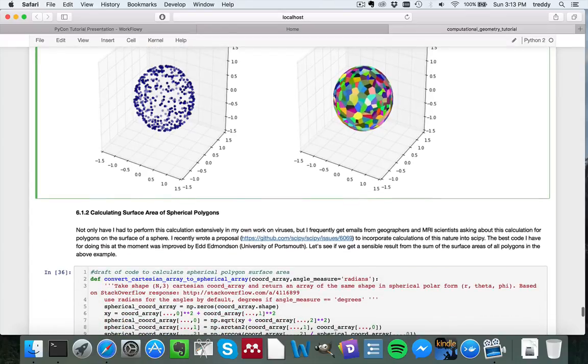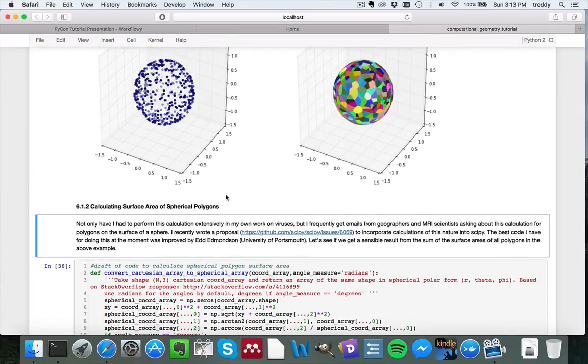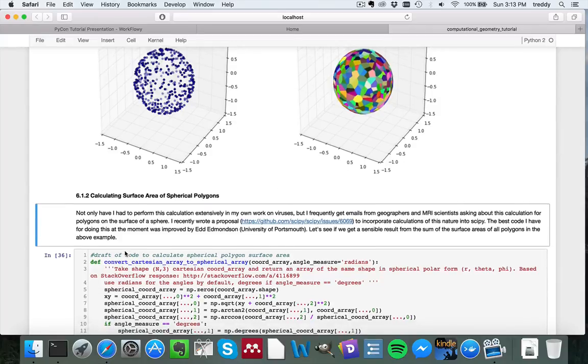So now, moving forward with the idea of calculating the surface areas of these polygons, this is also a way to assess the output of the spherical Voronoi code. For example, if your data is effectively covering a perfect sphere, and you add together the surface areas of all the constituent Voronoi regions that come out of that analysis, you would expect, if everything works perfectly, that you would completely reconstitute the surface area of the sphere as the sum of the surface areas of the constituent polygons.